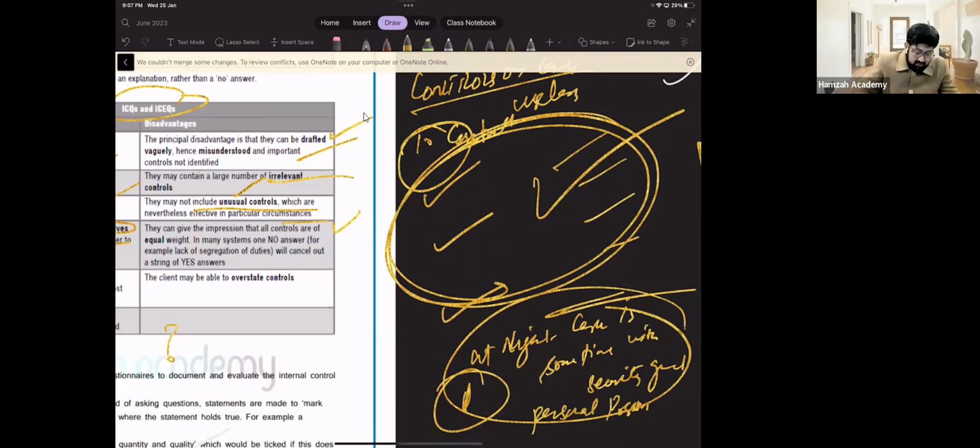But when we are counting, out of 10, only one control is weak. 90% controls are working. But what do we have to do with that 90% if this big weakness is there?